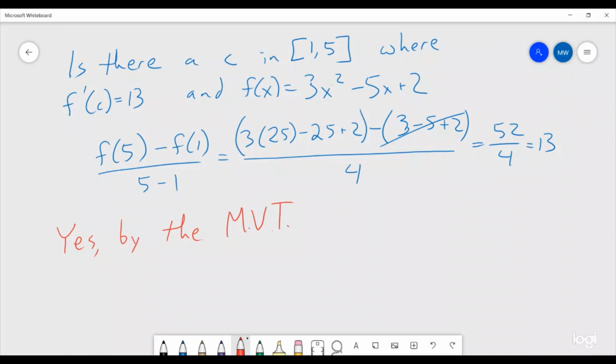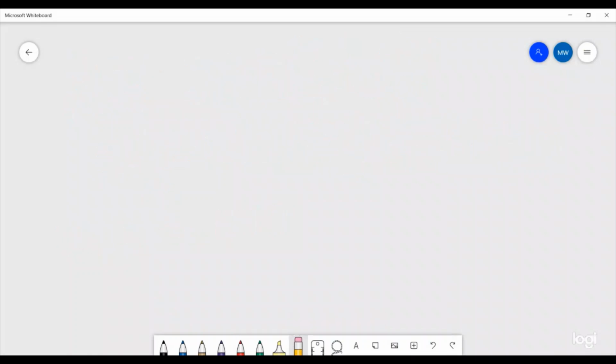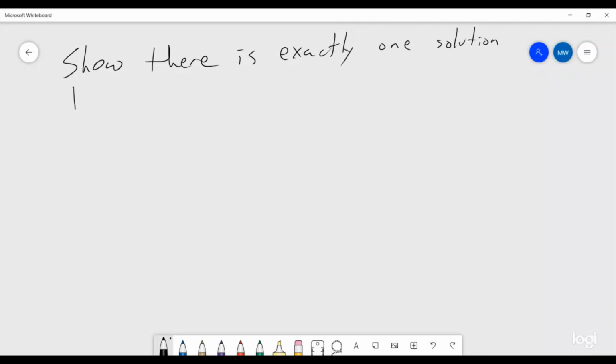Okay, next one. And this is a common question that you might see on a test. Show there is exactly one solution to the function f of x equaling 0 if f of x equals cosine of 3x minus 7x plus 5.